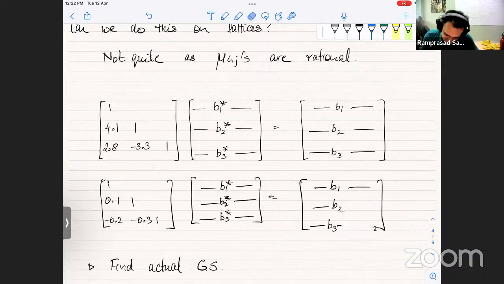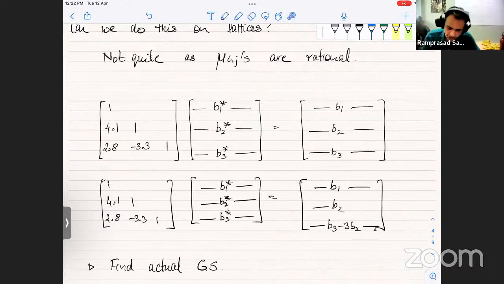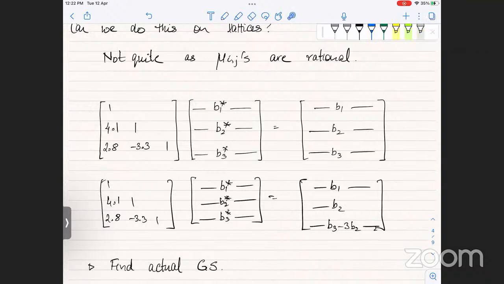Okay, let's first deal with the second row. Yeah, I think that's what we should have done. So 4.1, 2.8 and minus 3.3. Thank you. So first let me deal with this guy. For this I would have done b3 minus 3b2. Yes, you can use only the b1 vector. That will be easier to substitute.